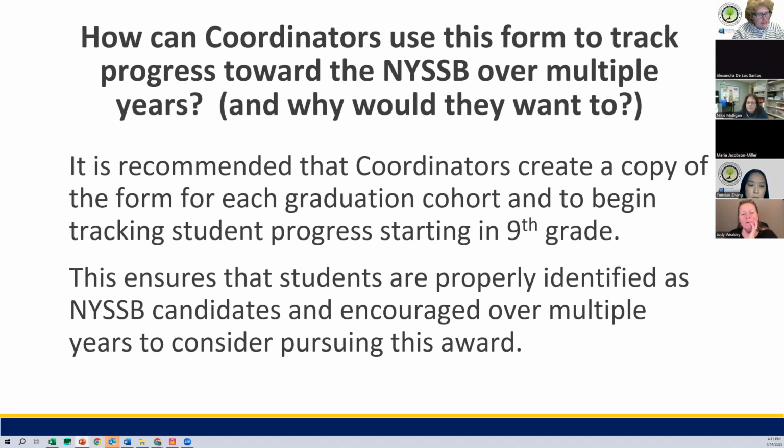And so ideally, you're not waiting until senior year to do this, but rather thinking about making it an earlier process of raising awareness, even all the way to 9th grade.